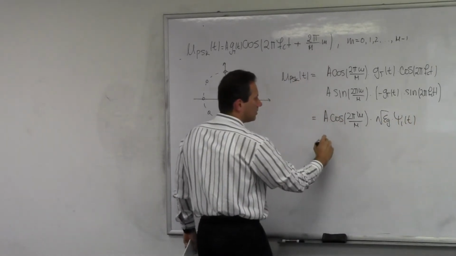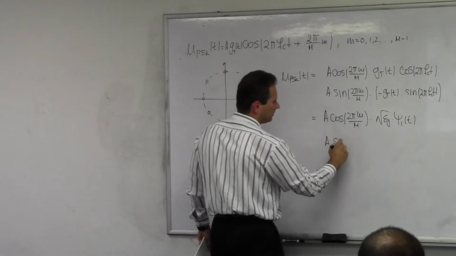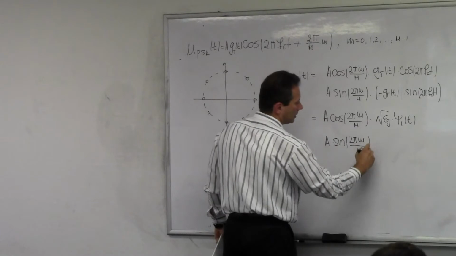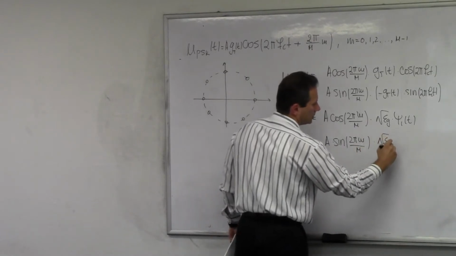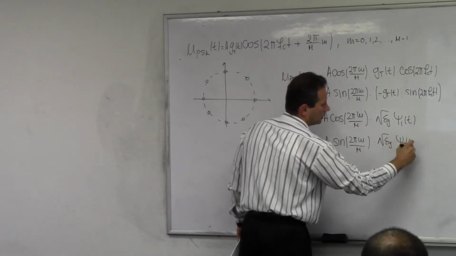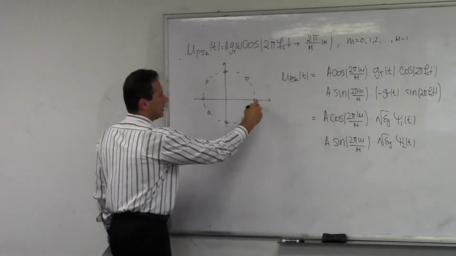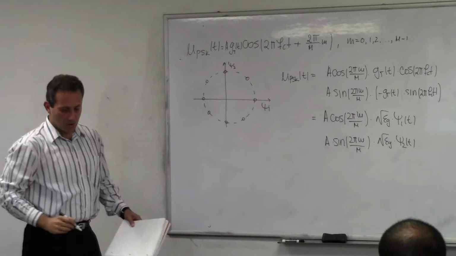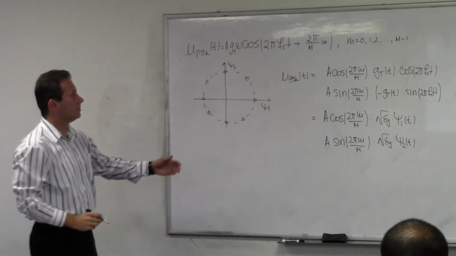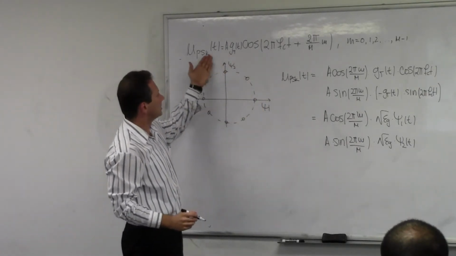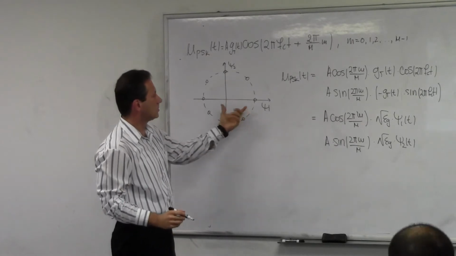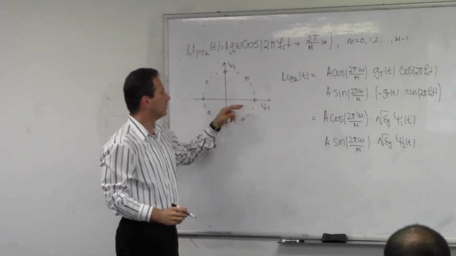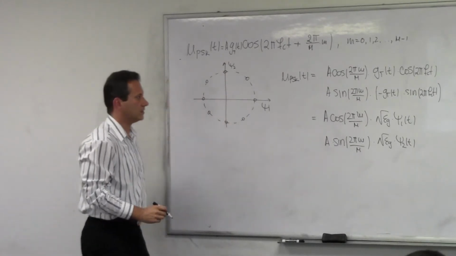And then in the lower branch, I have A times sine 2 pi m over capital M times square root of energy times psi 2. These are the two vectors that I have here as well, psi 1 and psi 2. So this reveals the two-dimensional nature of PSK, where what you actually do is combine a little bit of cosine, a little bit of sine, and then they together result in an appropriate phase shift.